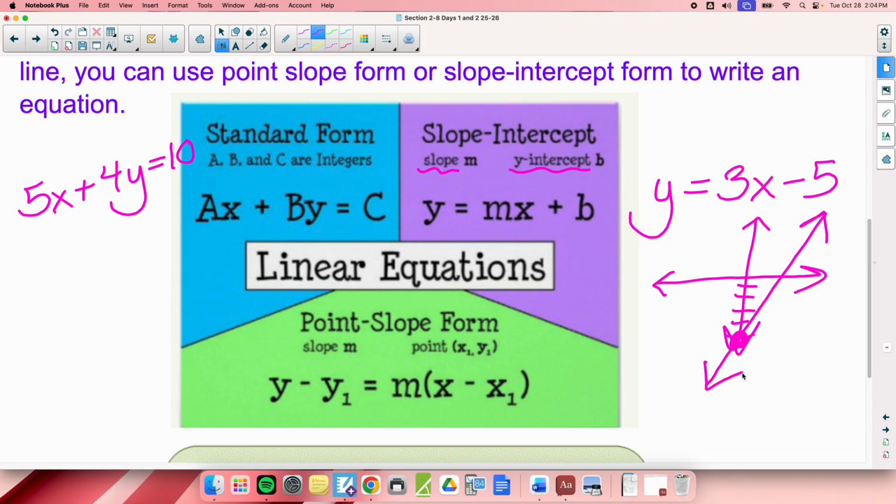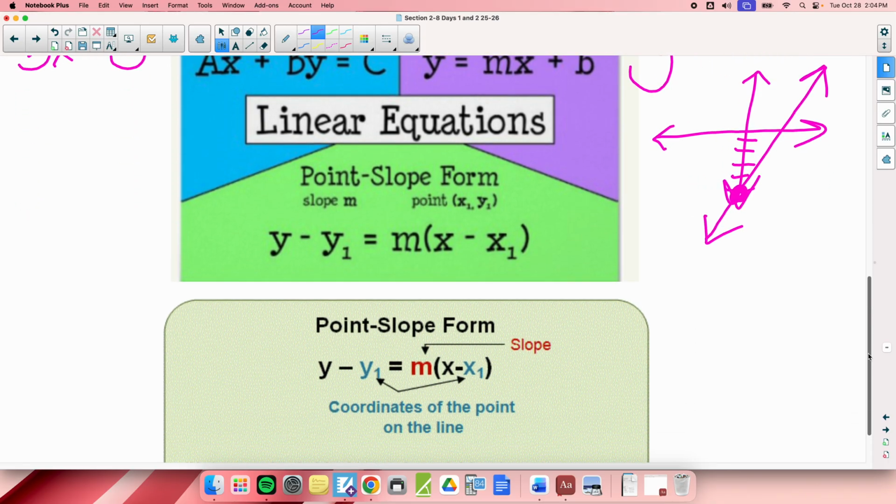Okay? What we're gonna deal with today first is called point slope form, and they're gonna tell us the slope of our line, and that will get put in right here. And then they're gonna give us a point on the line. The point, the first coordinate is our x1, and that gets substituted right here.